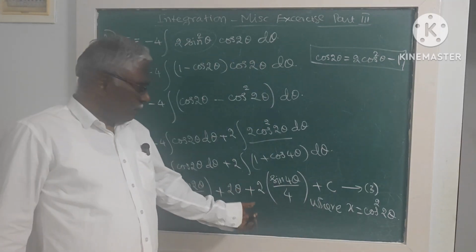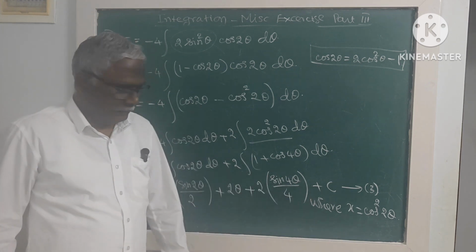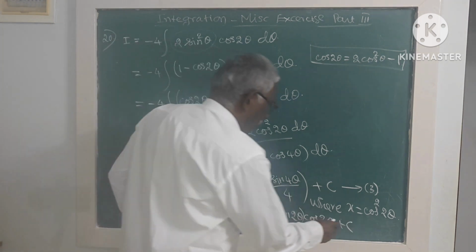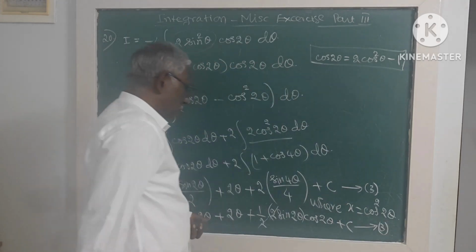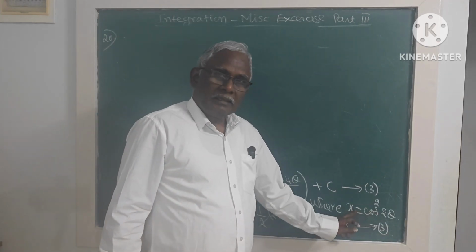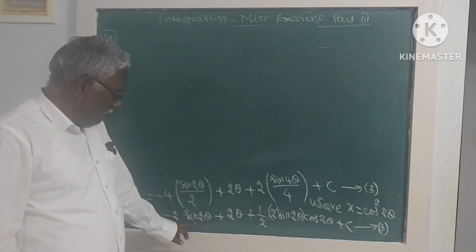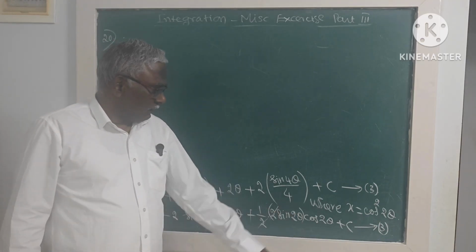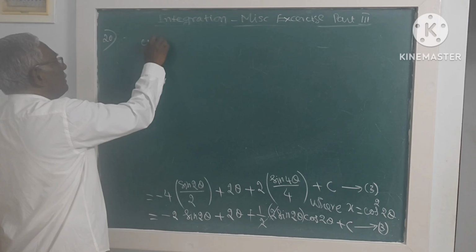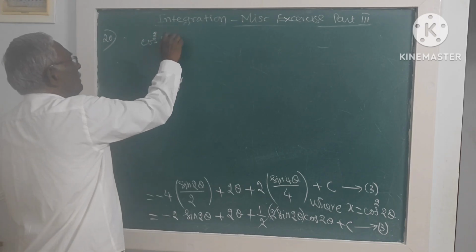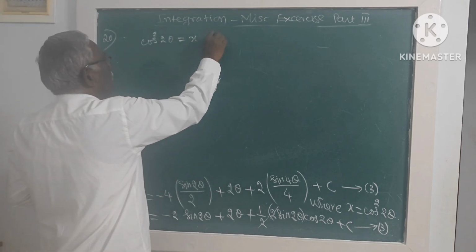Now we have to replace theta in terms of x. Because this is 3, cos square 2 theta is x. From there we have to find sin 2 theta, theta and cos 2 theta. So we write cos square 2 theta is equal to x.